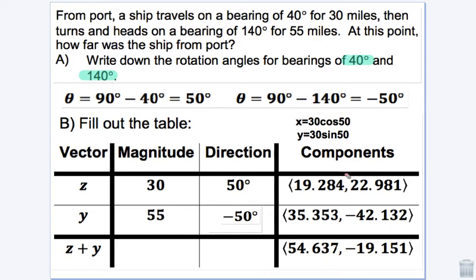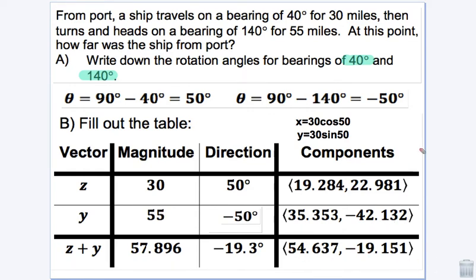And from that resultant, I'm going to do inverse tangent of negative 19.151 divided by 54.637, and the calculator tells me that my new direction is going to be negative 19.3 degrees, and the resultant magnitude would end up being 57.896. Notice I did not add these two directions together. I did not add these two magnitudes together. I used my resultant's components.